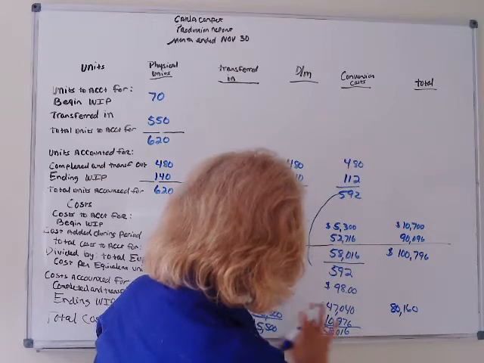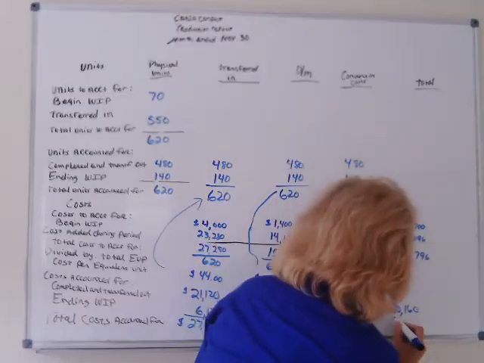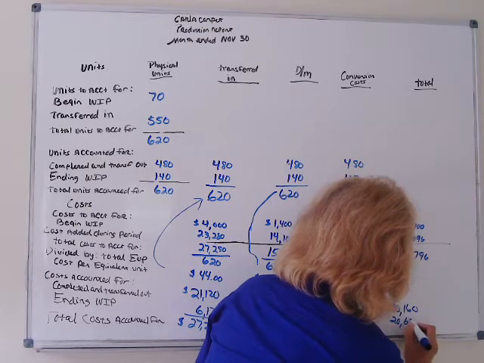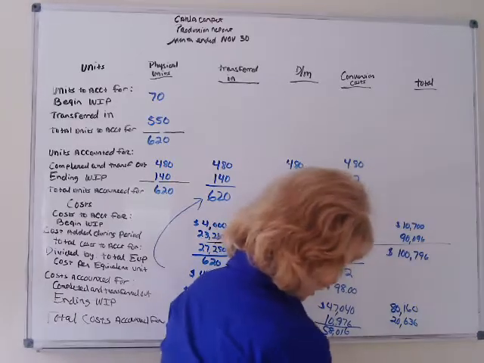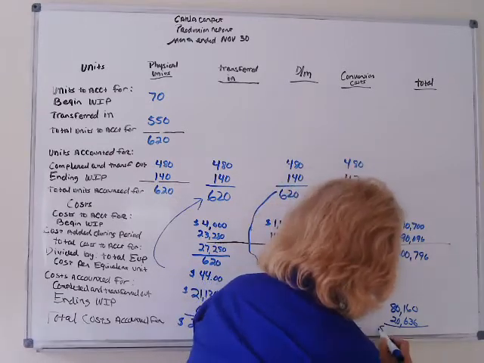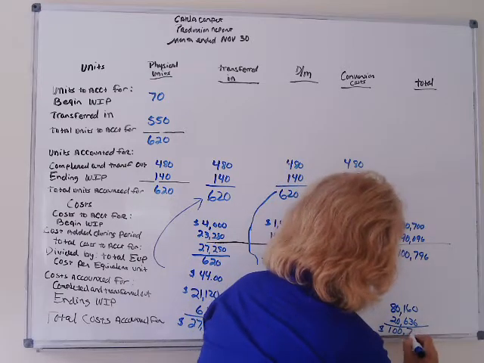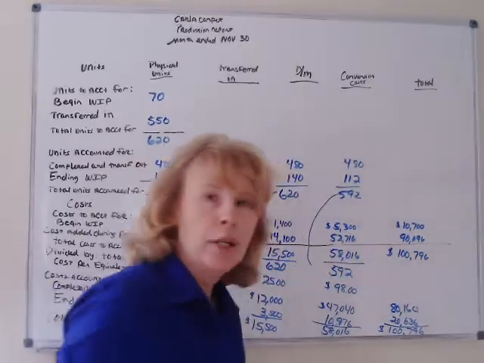That's these three. Then I'm going to total these three, which is 20,636. And then I total it, and that gives me 100,796. And I've reconciled my production report.